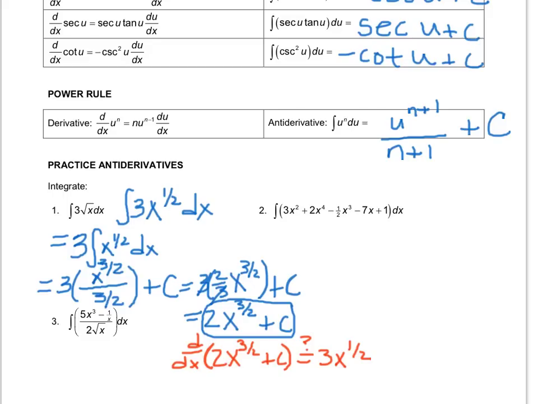If you haven't tried number 2 on your own, I want you to try number 2 right now on your own and then come right back. All right, how'd you do? First thing is you could split this up into multiple indefinite integrals, and say that this is the integral of 3x squared dx plus the integral of 2x to the 4th dx, etc. Is that really necessary to do?